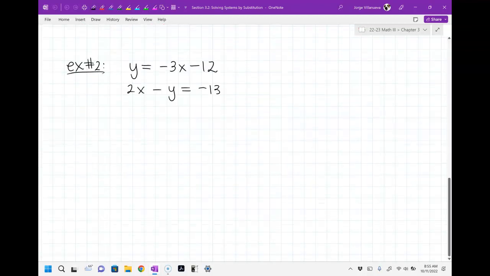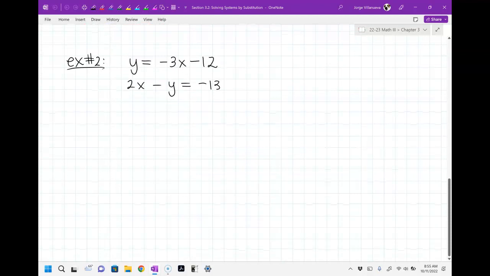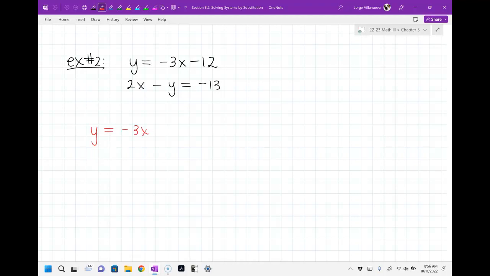So I'm going to write them side by side. That's going to be one of your homework problems right here. Y equals negative 3x minus 12, and then 2x minus y equals negative 13.